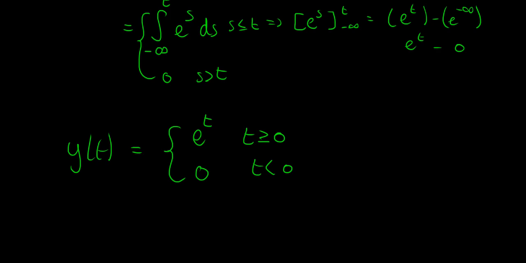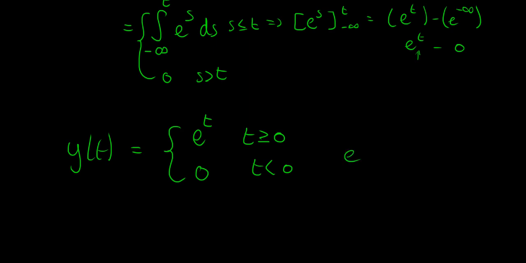And why is that? Because s needed to be smaller than t, and we have filled in t for s. So we know that since s should always be smaller than t, t should be at least 0.